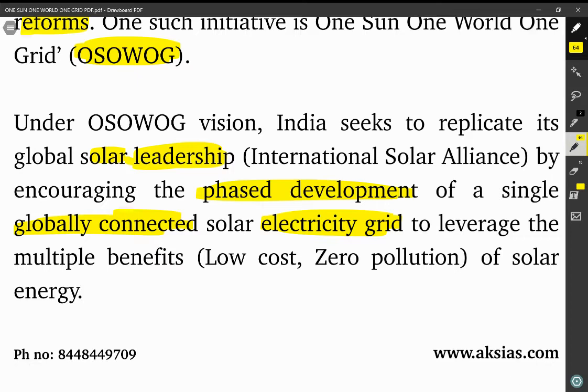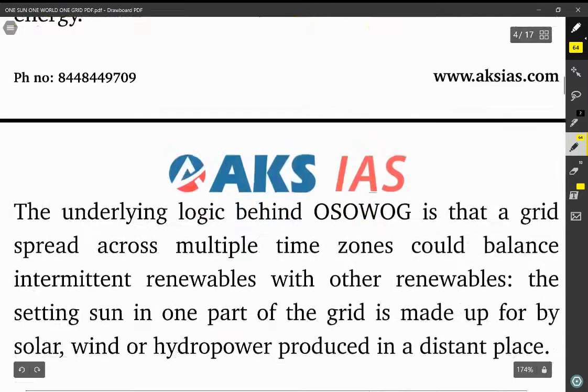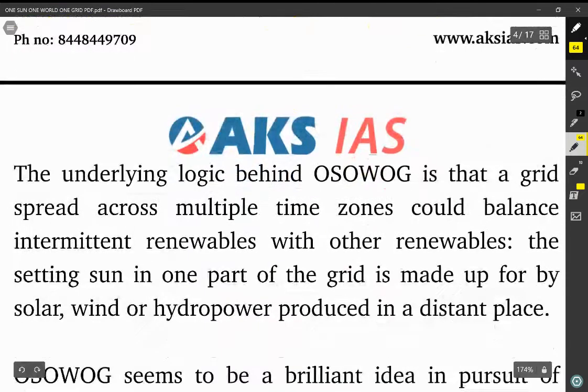What are the most important benefits of solar energy? Primarily, it is the low cost and the zero pollution. The underlying logic behind One Sun, One World, and One Grid is that a grid spread across multiple time zones could balance intermittent renewables with other renewables.